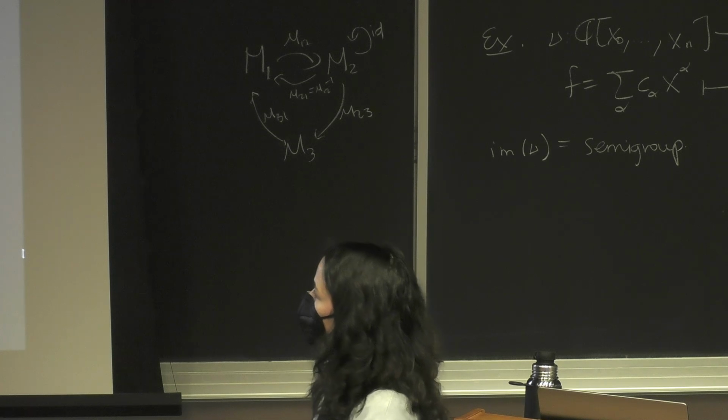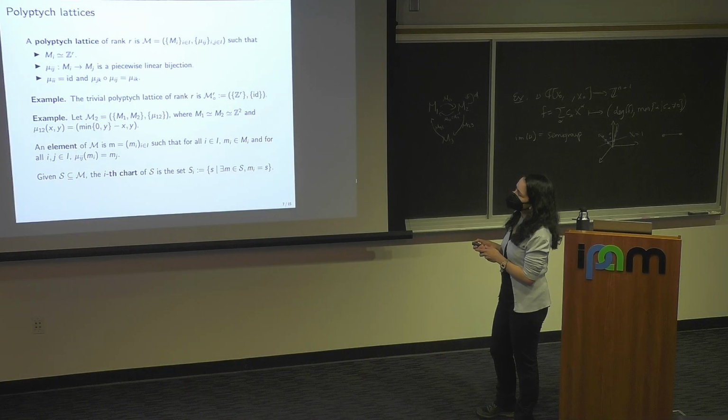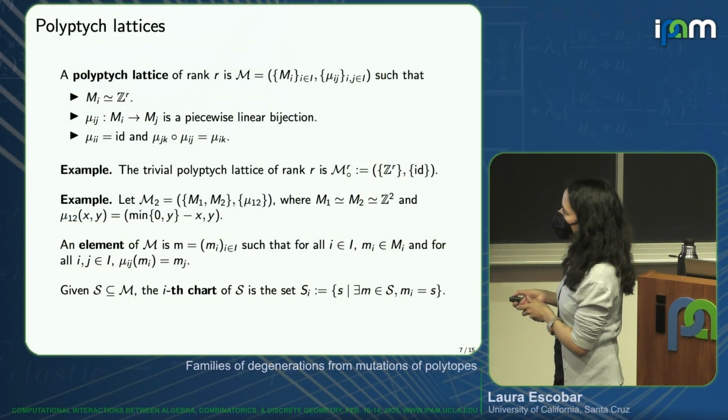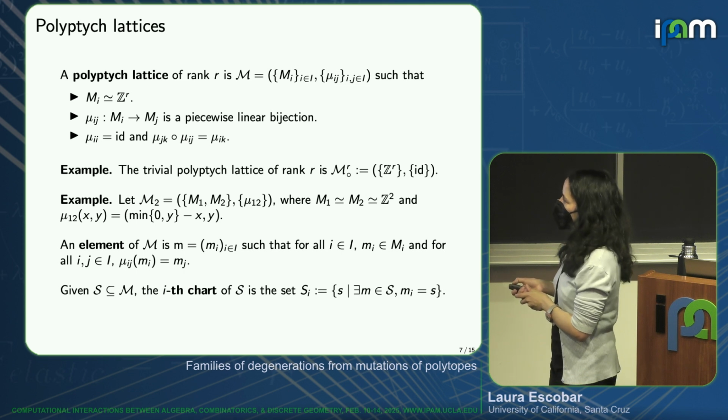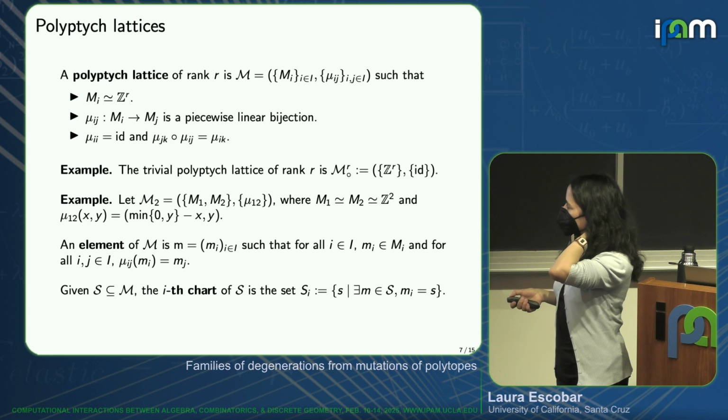And then this one is interesting because there's one for each rank, and it's not trivial. Here I have two lattices that are connected by this piecewise linear map. Then we're going to define what the elements of this polyptic lattice are.